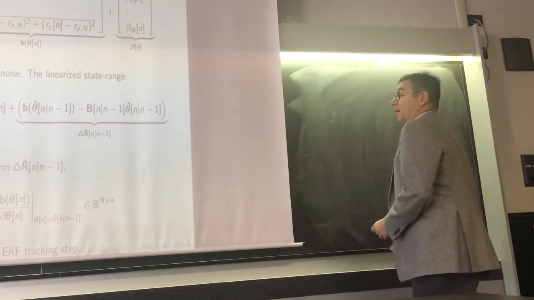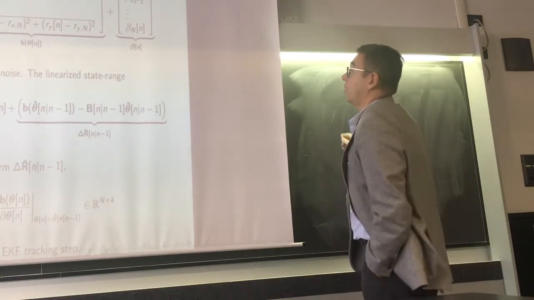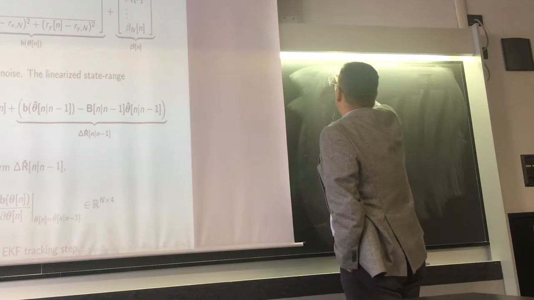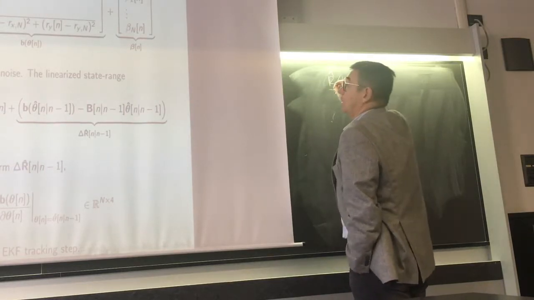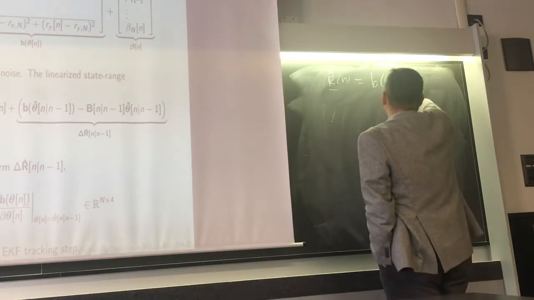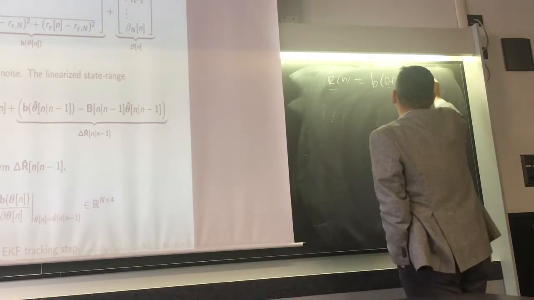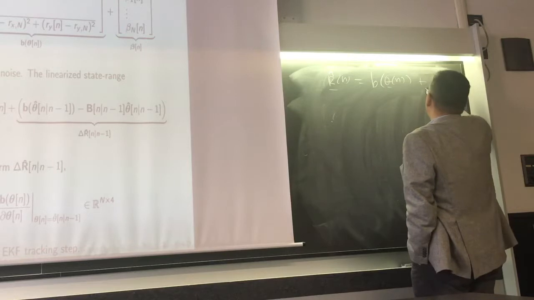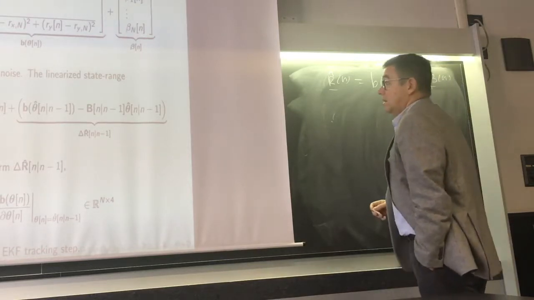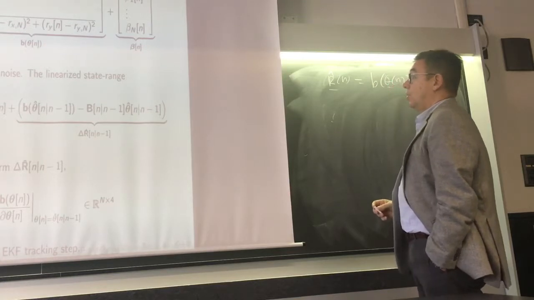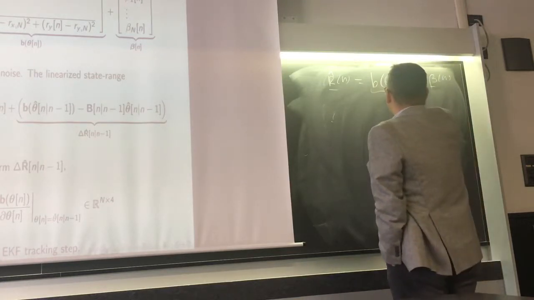Since my relationship, putting it in a compact form, is R hat n, which is a vector, equal to B, which is a nonlinear relationship depending on theta n, plus beta n. So what I do, I linearize that.